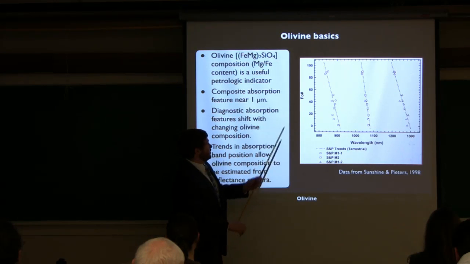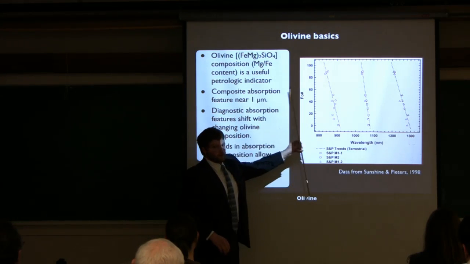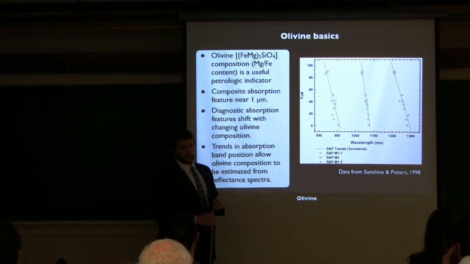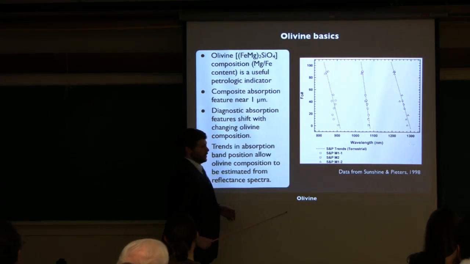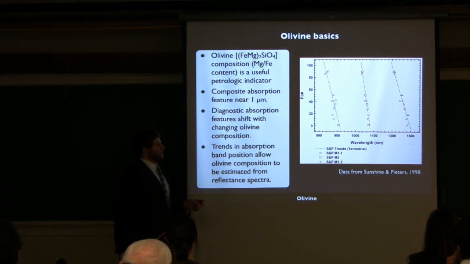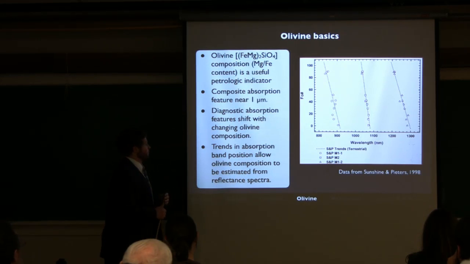You can see that as you increase the iron content of your olivine, the absorption features march to longer wavelengths in a pretty regular pattern. There's a little bit of scatter down here, at very iron-rich compositions, but by and large, these trends can be used to predict the composition of the olivine of interest.